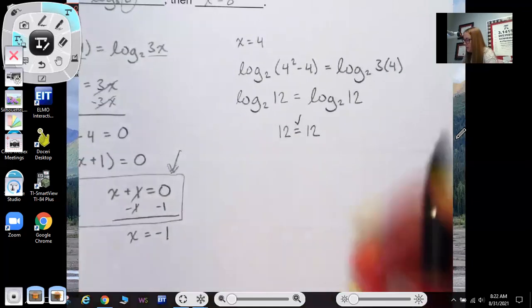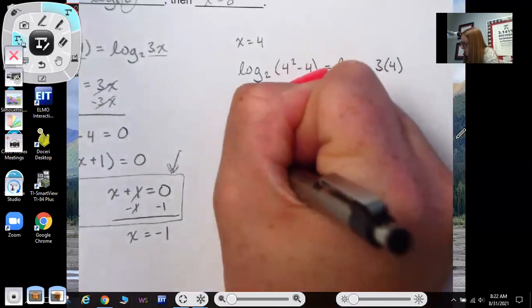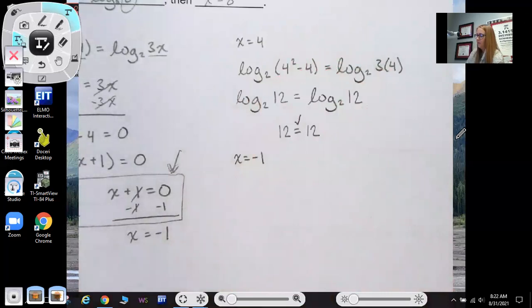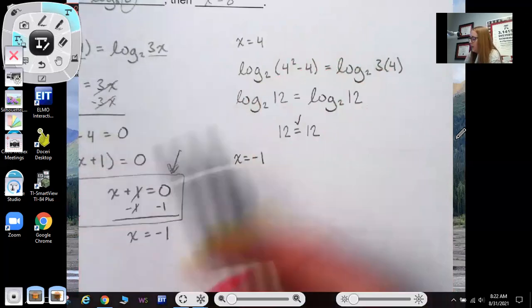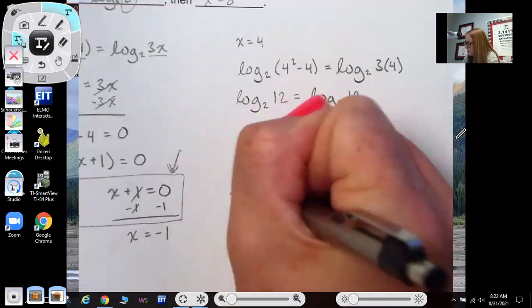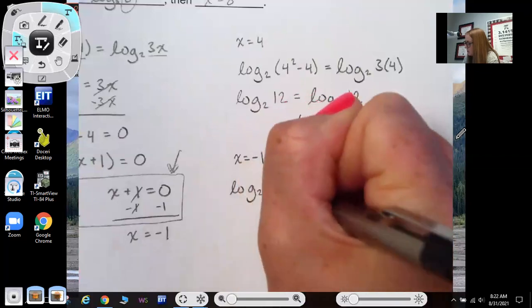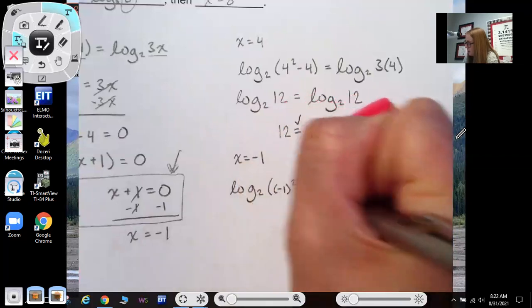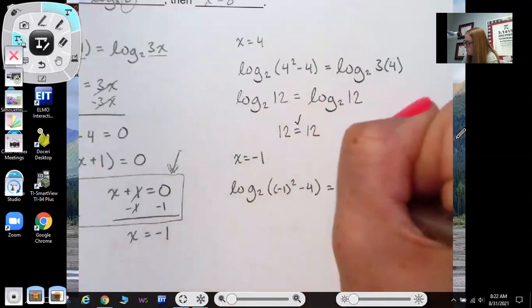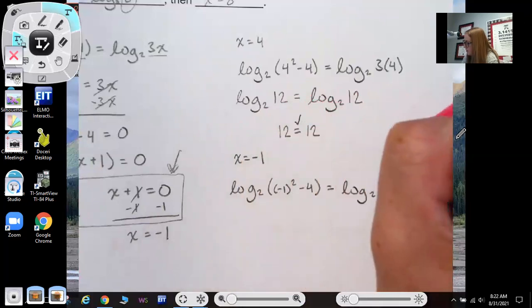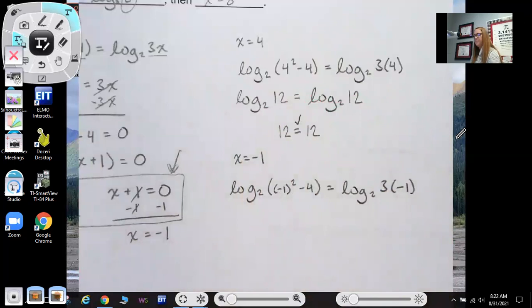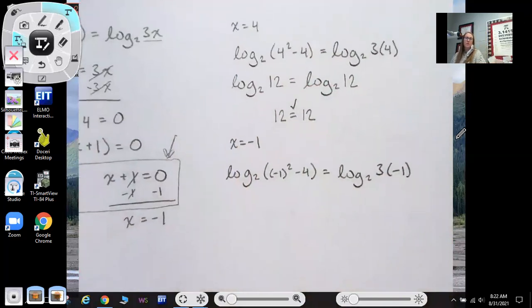Now let's check x equals -1. So back to the very first line of the problem, plugging in -1 for x. So we have log base 2 of (-1) squared minus 4 equals log base 2 of 3 times -1. Don't work too far ahead on this one, just to let you know, we're going to run into a problem.